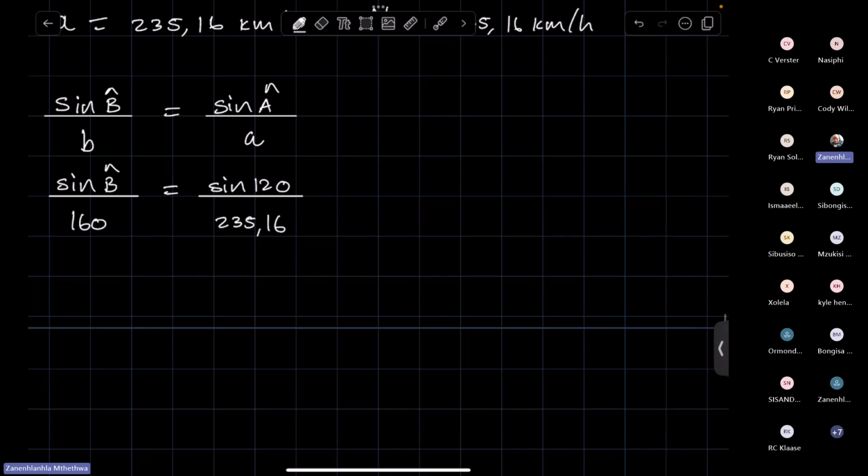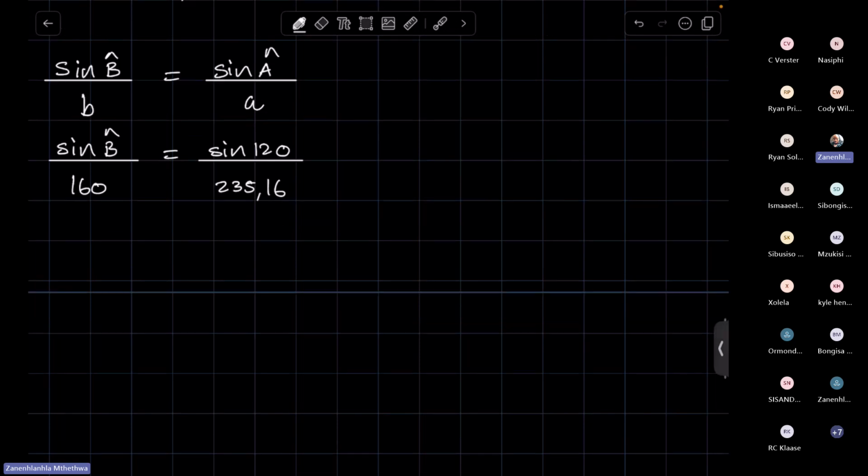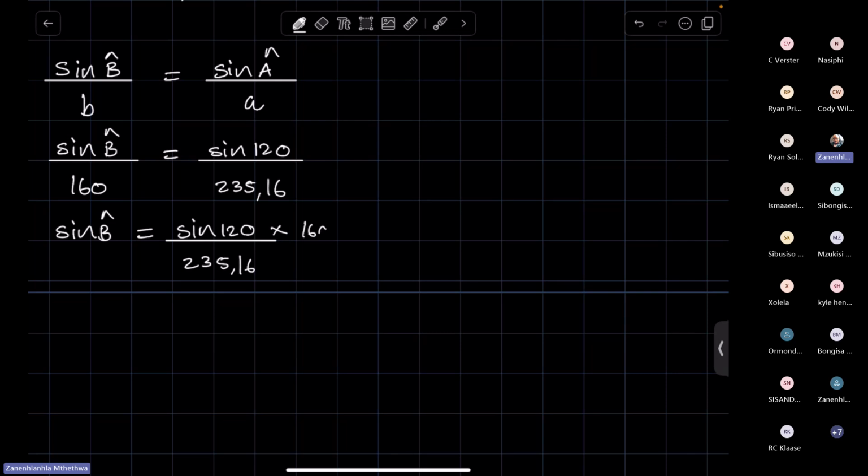So in solving for B, you multiply both sides by 160. So you will end up with sine B is equal to sine 120 divided by 235.16, multiplied by 160.